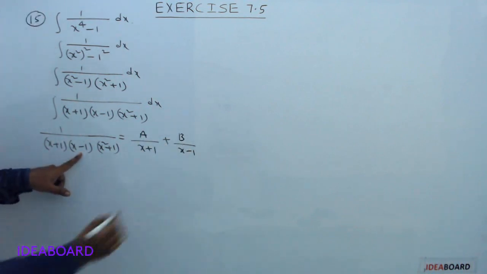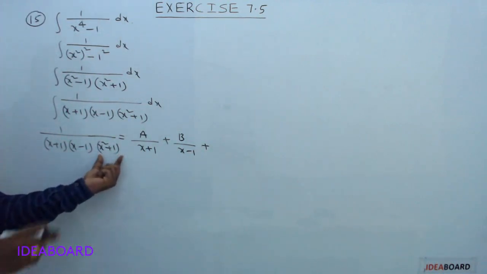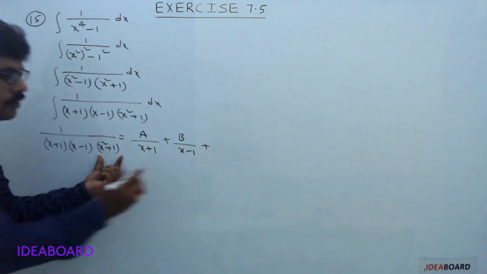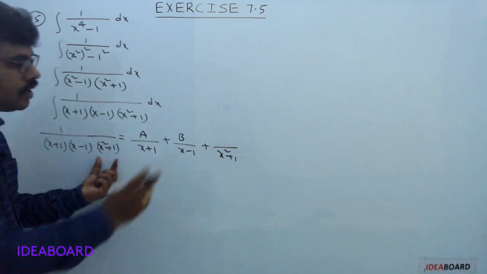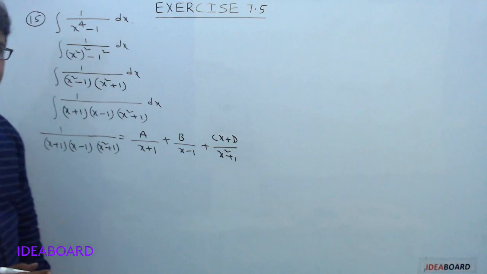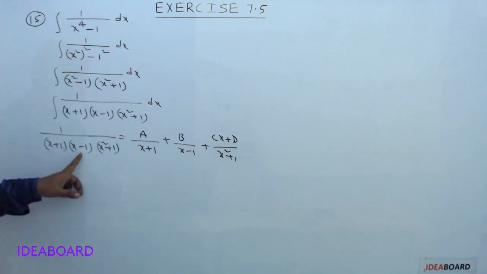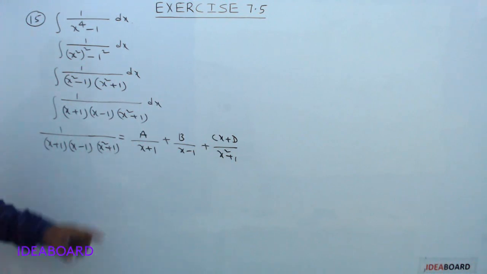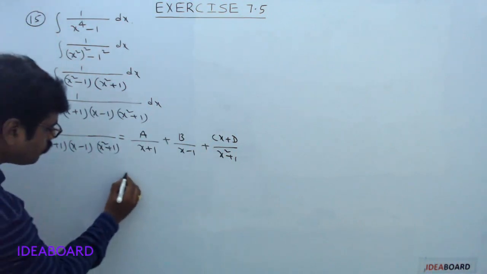Take that constant as b. Plus, corresponding to this non-repeated irreducible quadratic factor, there exists a linear factor in its numerator. Take that linear factor as cx plus d. So 1 divided by x plus 1 into x minus 1 into x square plus 1 can be taken as a divided by x plus 1 plus b divided by x minus 1 plus cx plus d divided by x square plus 1.